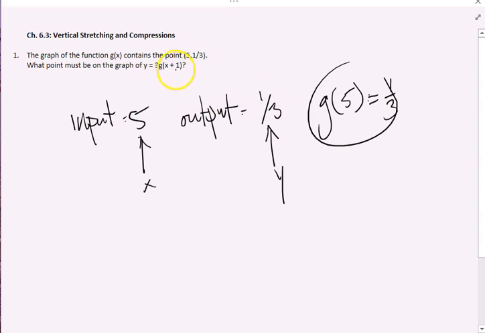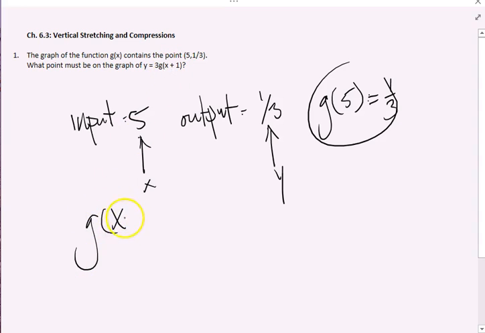Anything that happens on the inside affects our inputs, because here I'm messing with the x values. Here I'm messing with g of x. I'm multiplying my function values, my outputs, by 3. So since I was at 5 before, I am now at a different location. So this shifts my whole thing.